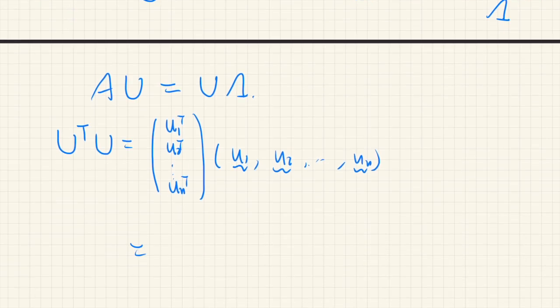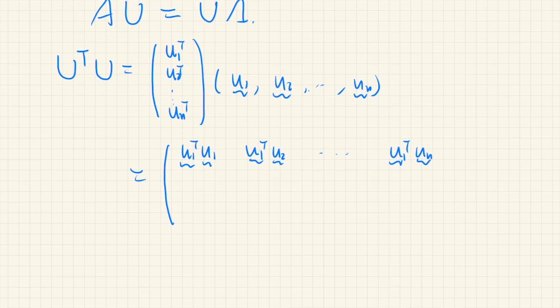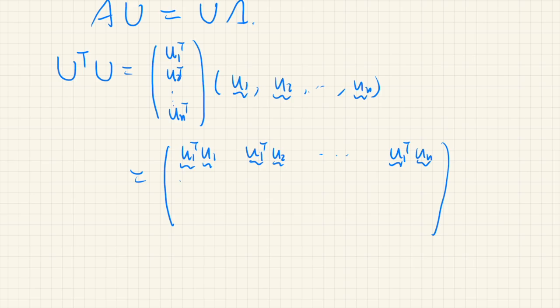So if we multiply these two matrices, we have u1 transpose u1 and u1 transpose u2, and so on, u1 transpose un, and so on. And u2 transpose u1, u2 transpose u2, and so on.